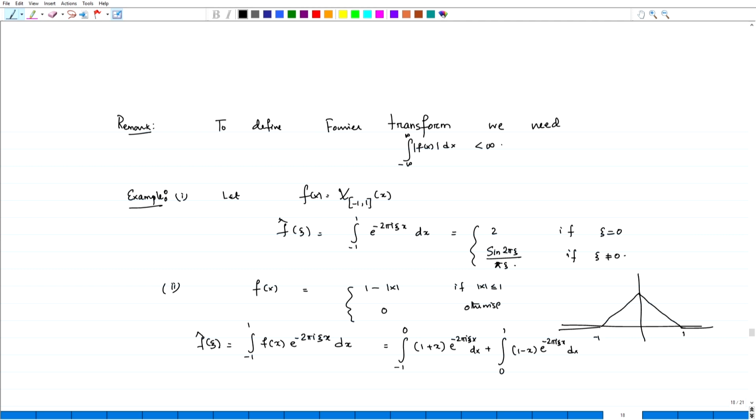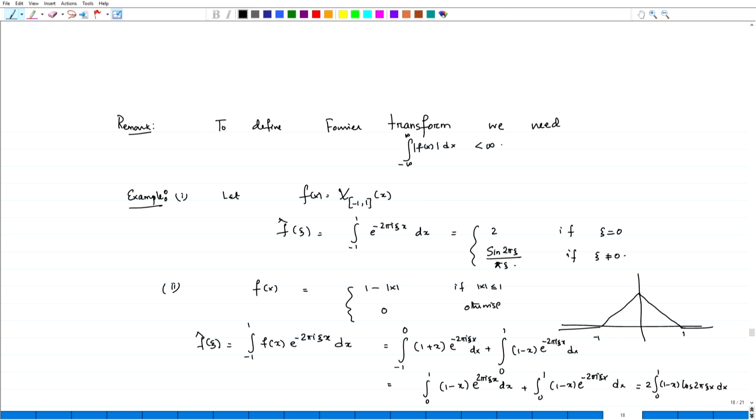So, what you are going to get is twice the integral from 0 to 1 of 1 minus x times cos 2 pi j x dx.